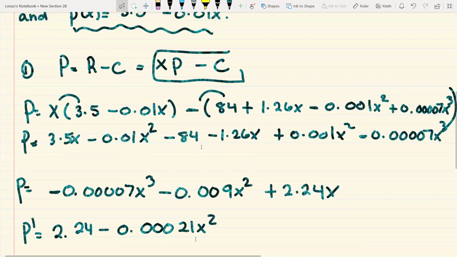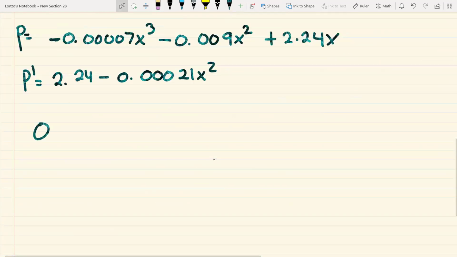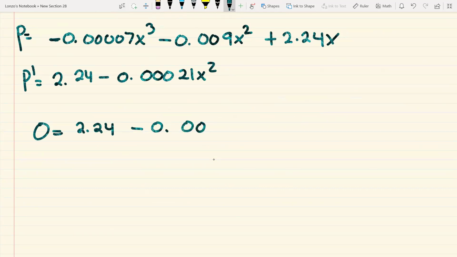And then what you do is set this to 0. Solve for x.